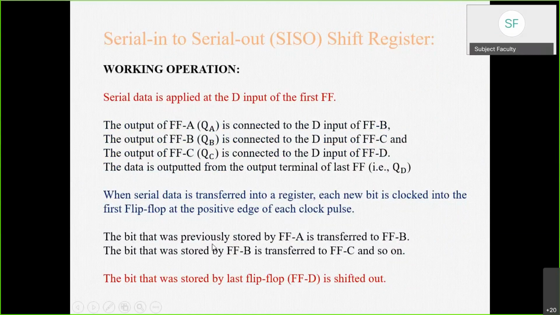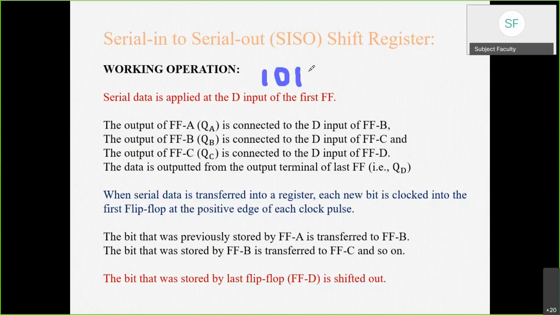The important point you should remember is that bits are going one by one, that is serially, into the shift register, and at the output also you are collecting the bits which you have transferred one by one. Suppose you are sending 1010.